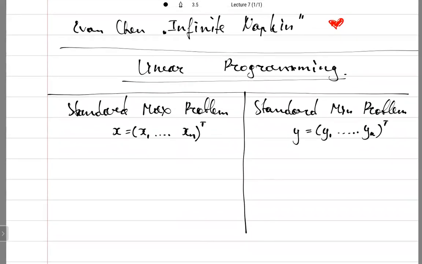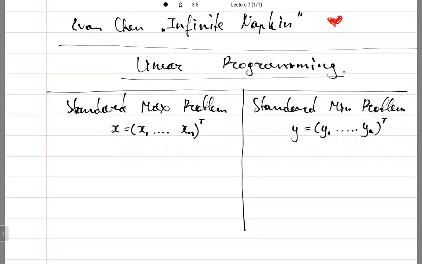And in the maximization problem, I will try to maximize c transposed times x. In the minimization problem, I will minimize y transposed times b, subject to, so here I will choose x, here I will choose y, and I will have some constraints.